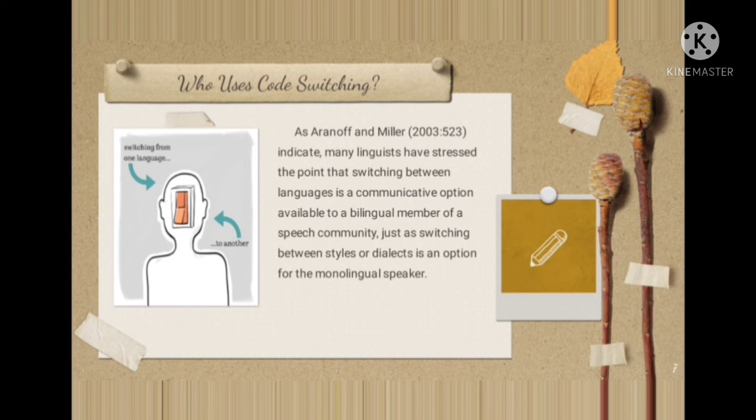According to Aronoff and Miller 2003, many linguists have stressed the point that switching between languages is a communicative option available to a bilingual member of a speech community, just as switching between styles or dialects is an option for monolingual speakers.